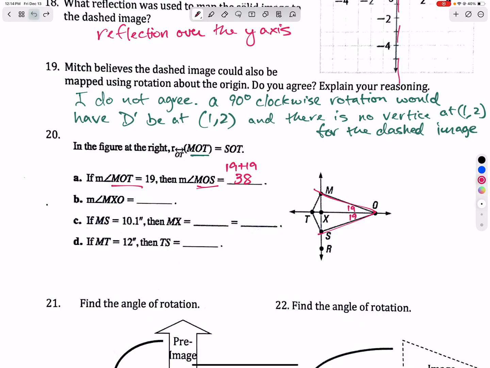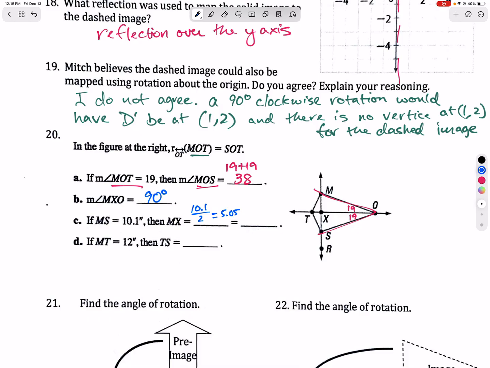All right, MXO. What is the measure of MXO? MXO, that's a 90-degree angle. So 90 degrees. If MS is 10.1, then MX is half of that. So 10.1 divided by 2, you get 5.05.